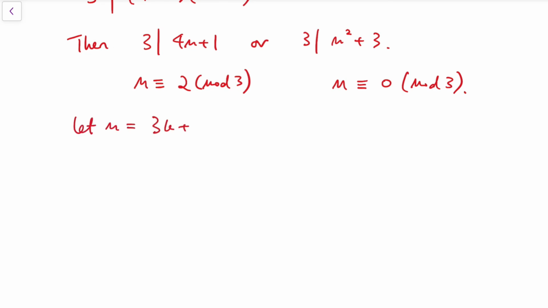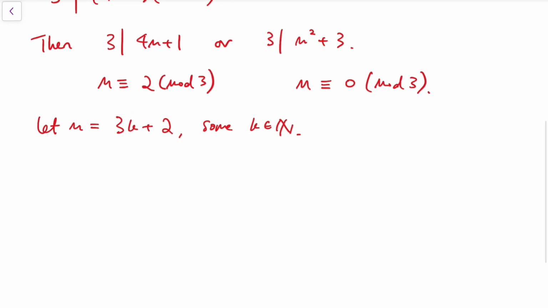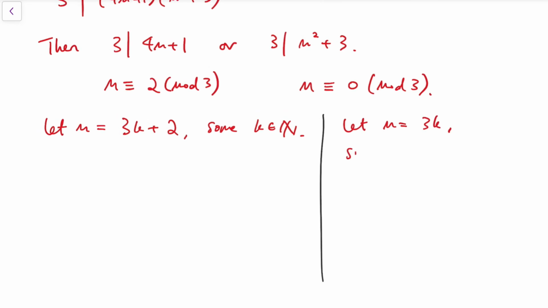Then we can let m, say for the first case, equal 3k plus 2, for some positive integer k. Then for the other case, I can write m equals 3k instead.